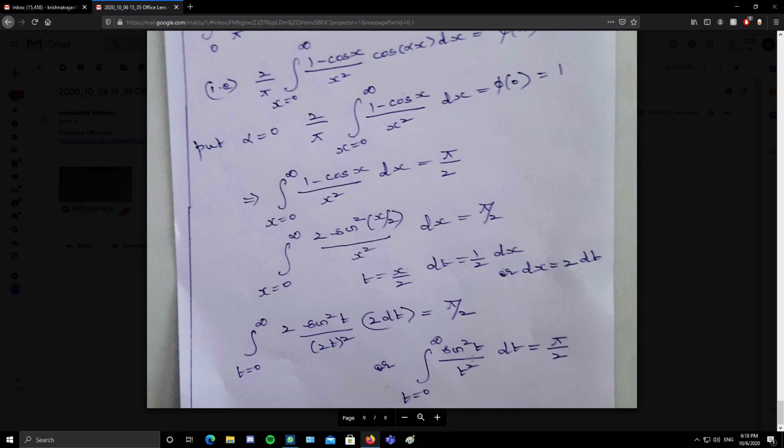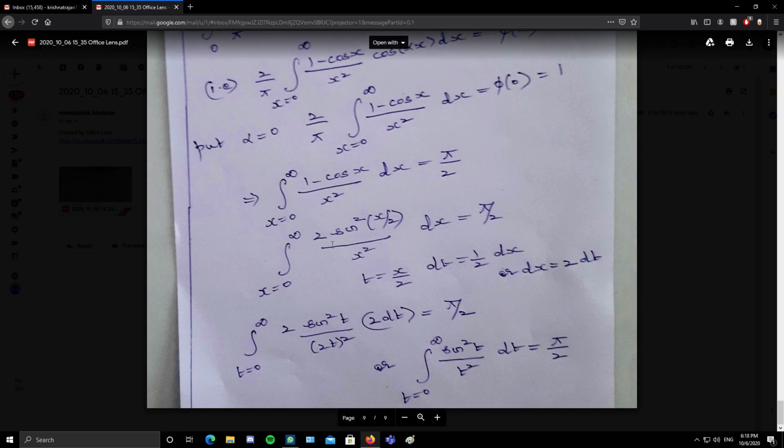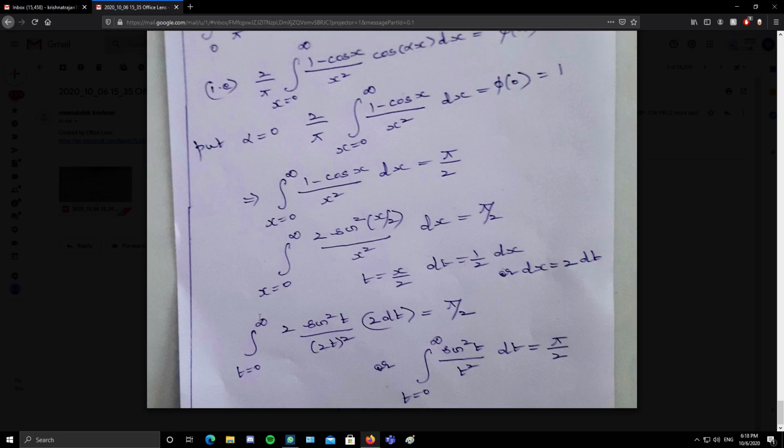The integral of sin square t by t square dt. So take t as x by 2. dt is half dx, or dx is 2 dt. So substitute: integral t equals 0 to infinity, 2 sin square t, dx is 2 dt, x is 2t, so 2t the whole square, equals pi by 2.